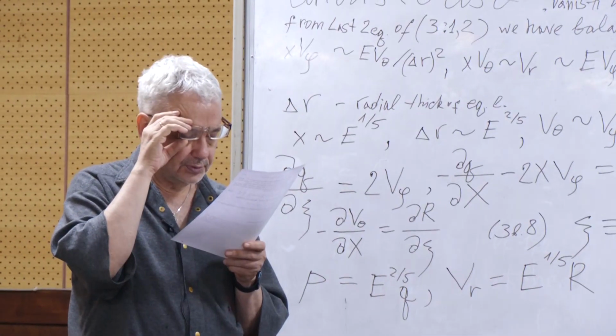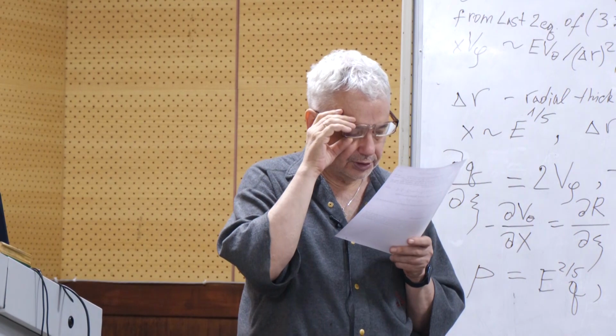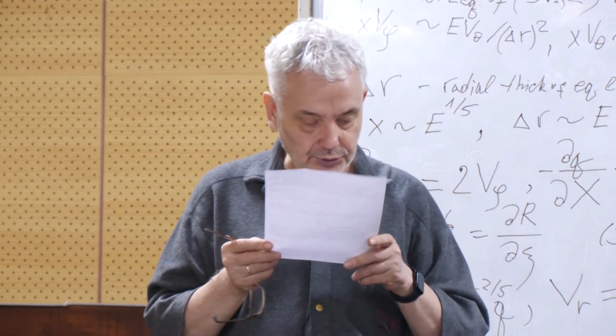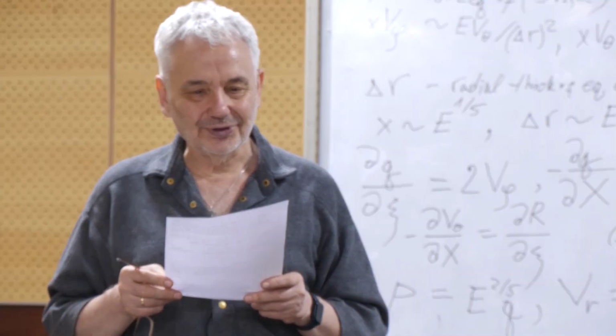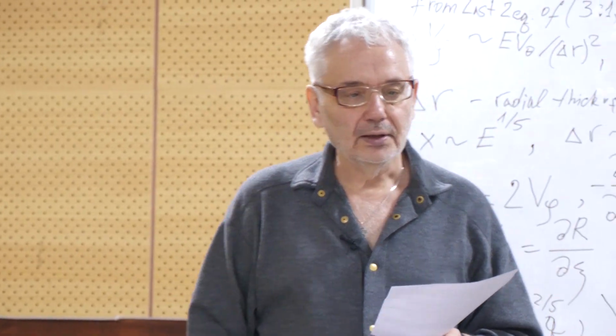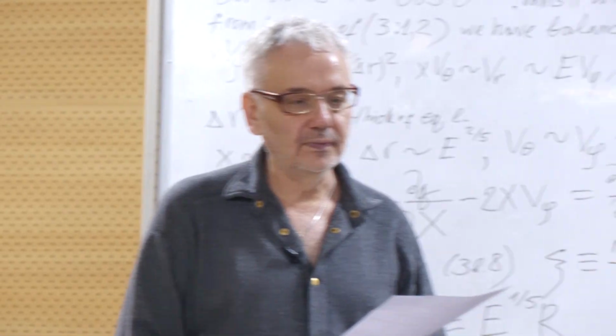And this flow is named Proudman-Stewartson flow, and now we are near the final paragraph of all this course. Not all this course, of course, but all these things which are connected with the simplest differential rotation.